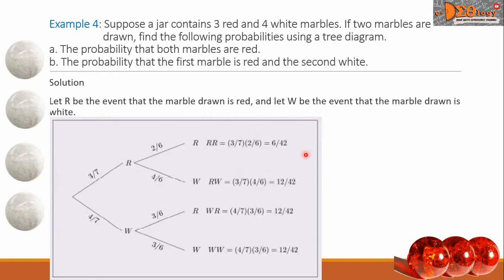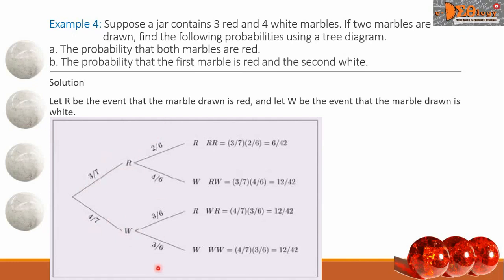Now, this is the tree diagram. This point here is the root, and there are 2 branches. At the end of this branch is R, and the other is W. These 2 branches represent the first draw, which means the probability of taking a red marble is 3 over 7, while for the white marble the probability is 4 over 7.